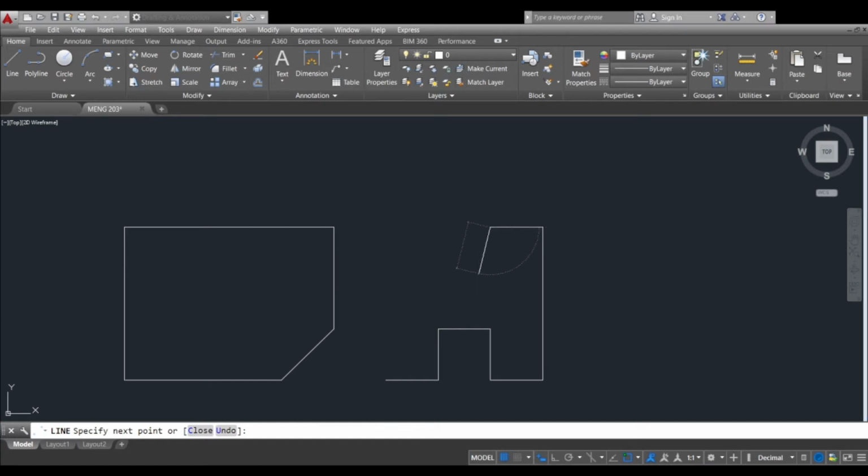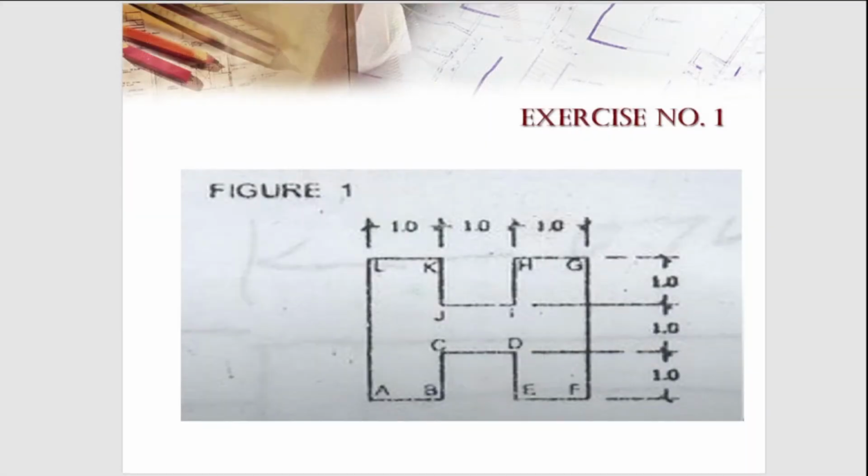Okay. So we're going to the next point. Our next point is point I. We're going down by 1 unit and our angle is negative 90. Or we can also use the positive coordinate. So from here, we're going to count counterclockwise. So that is 270.